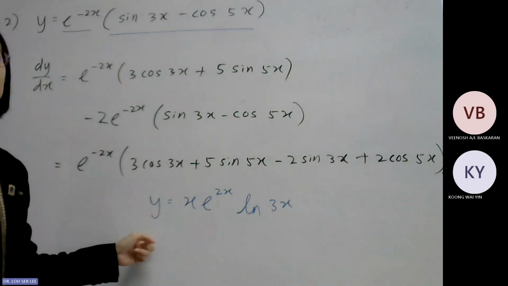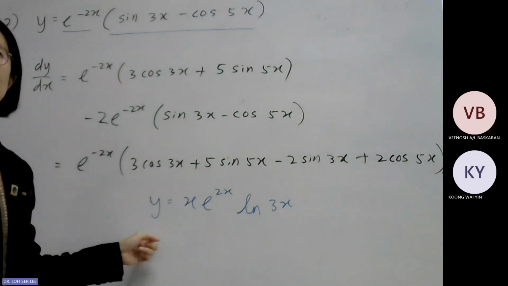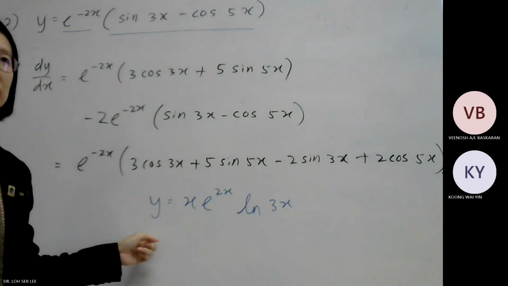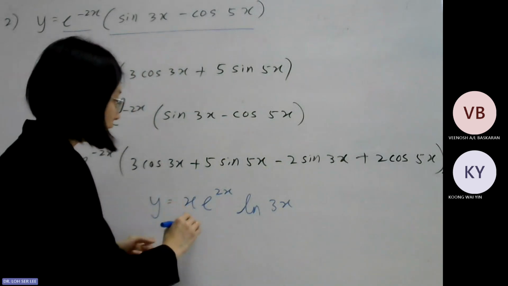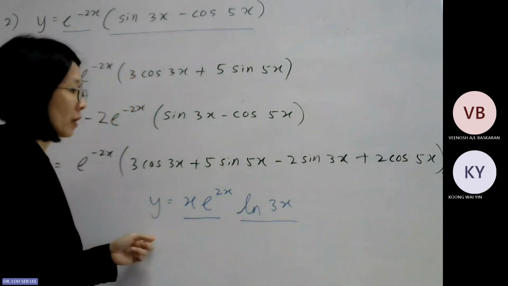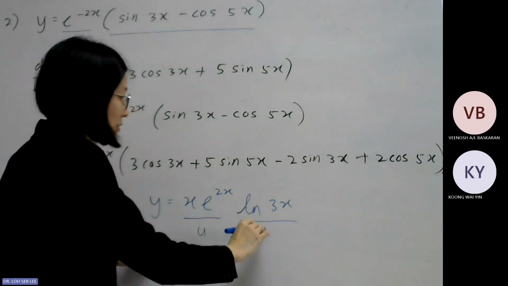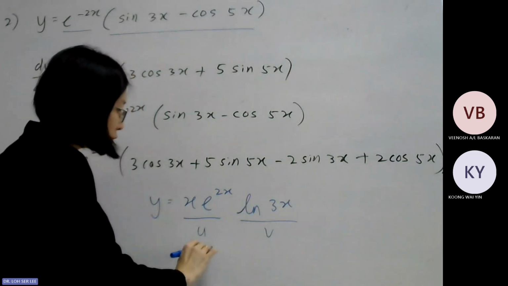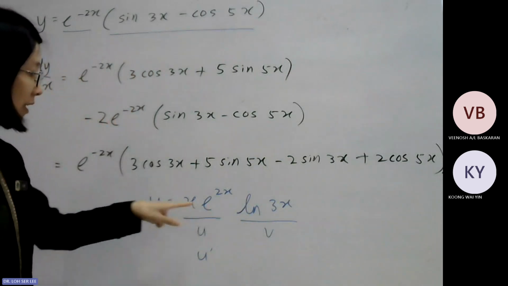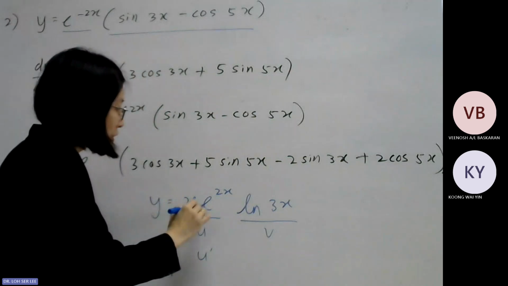There are three. Still, we are using UV. This is your u. This is your v. But when we find the u prime, this is your uv.